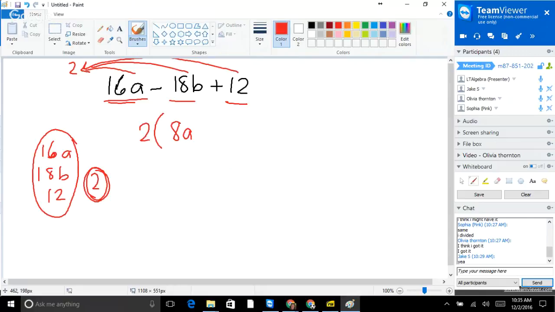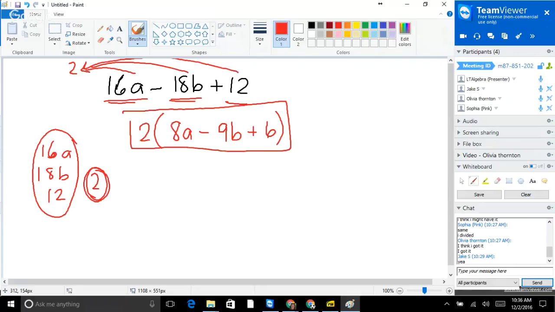Minus, and I pull a 2 out of 18b. So what do I have left? 9b. And I pull a 2 out of 12 and I have 6. Awesome. That's exactly how you would factor it. So this would be the factored form of 16a minus 18b plus 12.